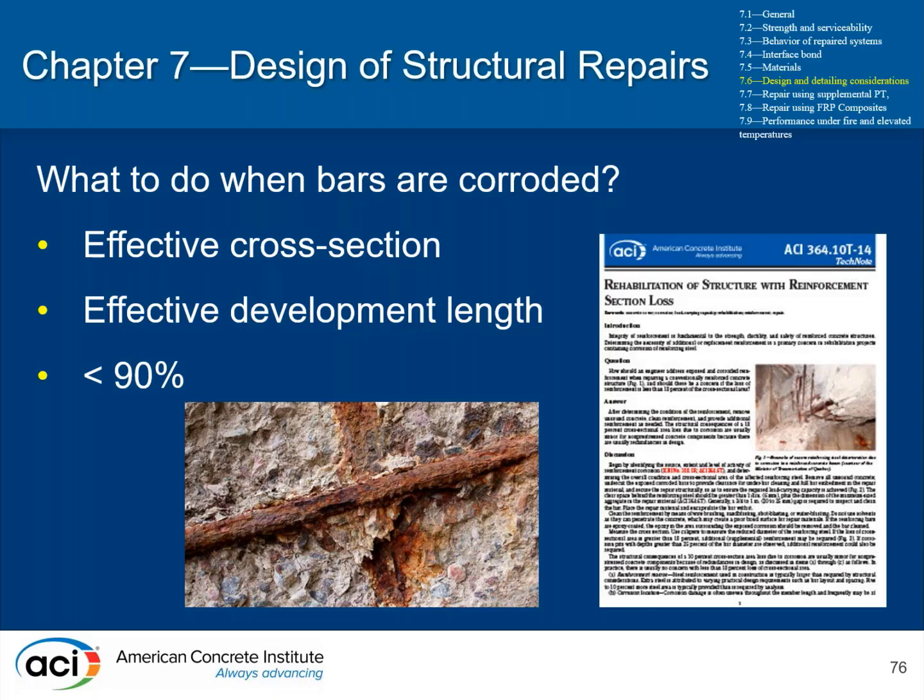The tech note talks a little bit about how much corrosion is usually okay. An often quoted amount is, if you have less than 90% of the bar remaining, there can be concerns or at least need to evaluate it. But really, the licensed design professional should evaluate corroded reinforcing.